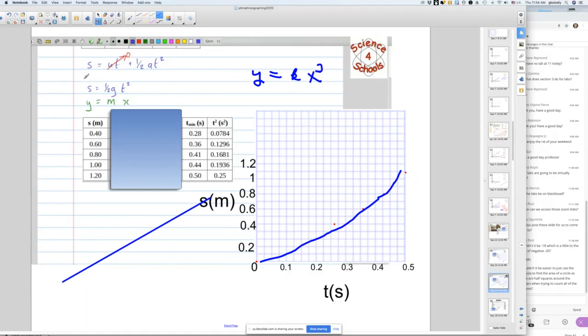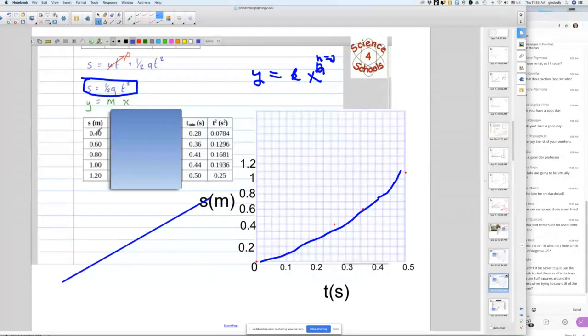Let's say you don't know that. Galileo didn't know that when he did the experiment, but he saw this. So it's not a straight line. You're going to guess it's curving up. So the power here is going to be bigger than 1. So let's assume it's 2, which means y equals some number times x squared.